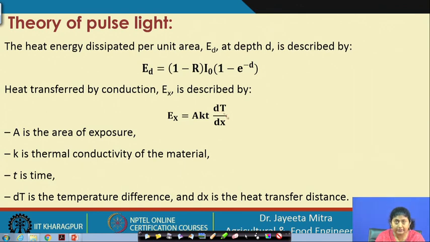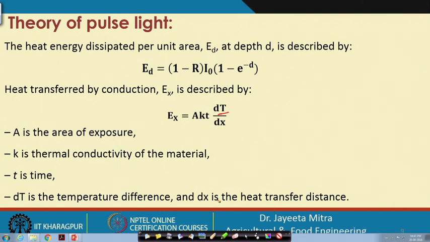Here dT is the temperature difference between the in and out of that layer, and dx is the heat transfer distance. So, across the distance dx, if there is a dT temperature gradient, the heat transferred by conduction will be K A t dT by dx.